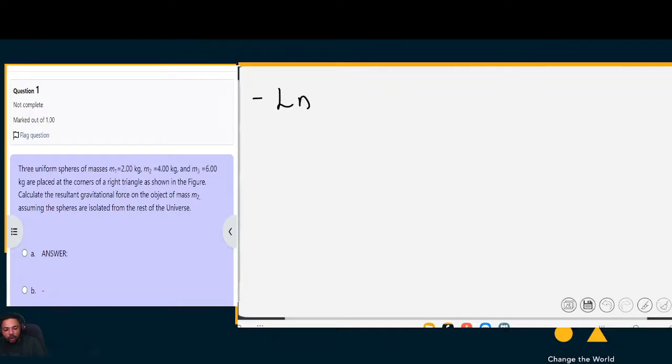The law of universal gravitation. Forgive my handwriting.